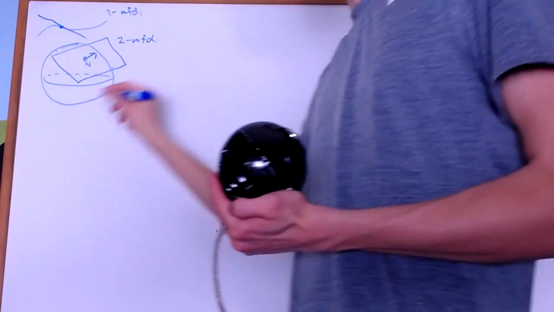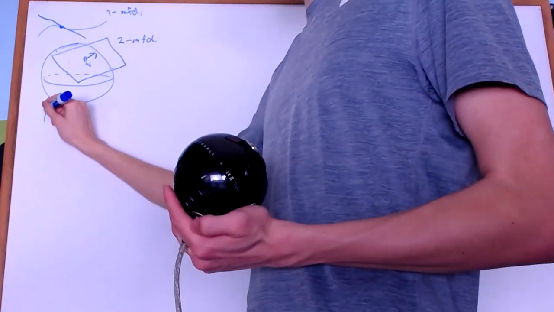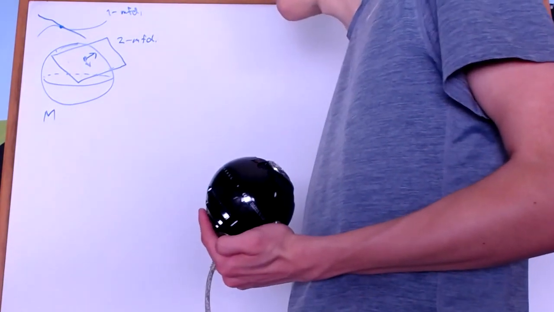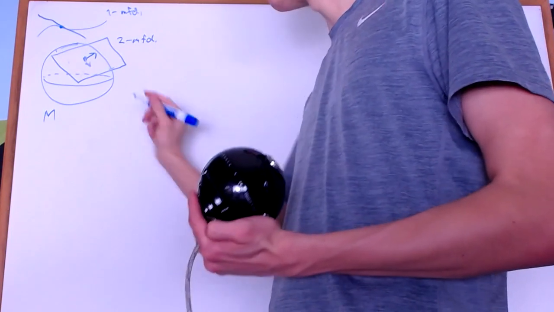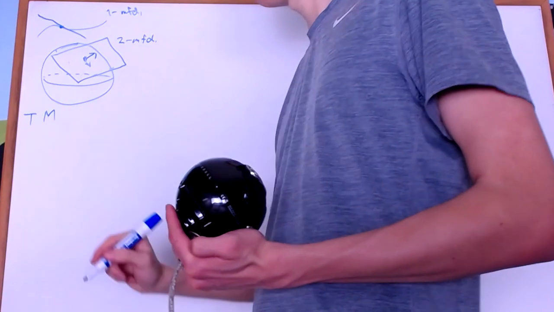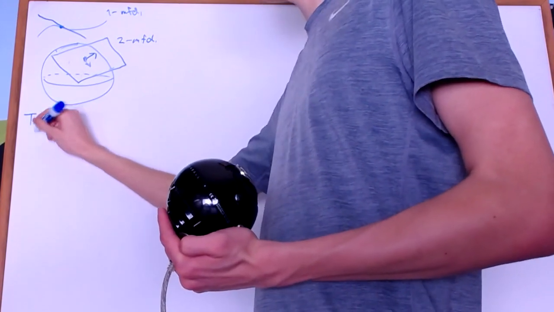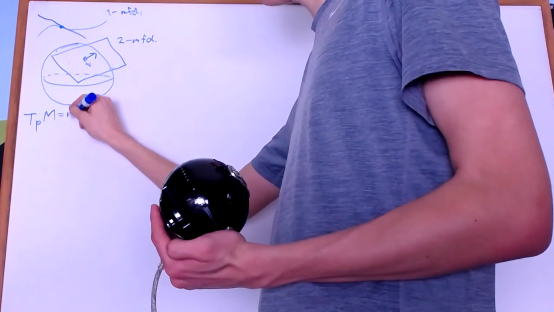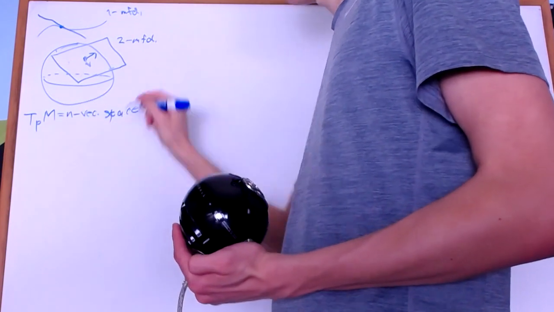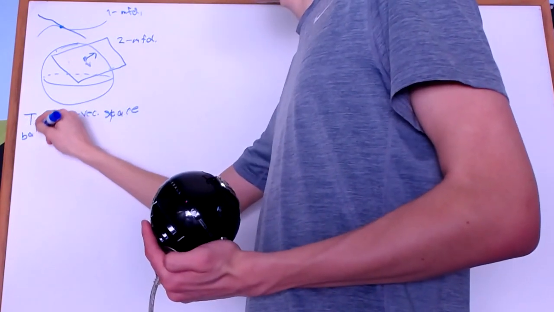And so our intuition tells us that if we're given a smooth manifold M, which is of dimension n, then the tangent space at some point P of that manifold is going to be an n-dimensional vector space based on some notion of derivatives.